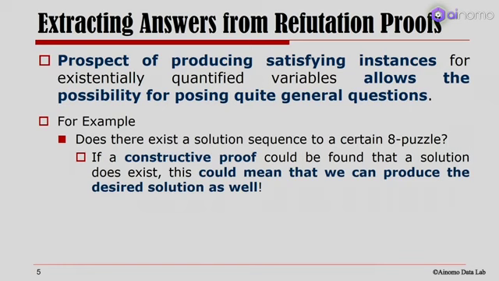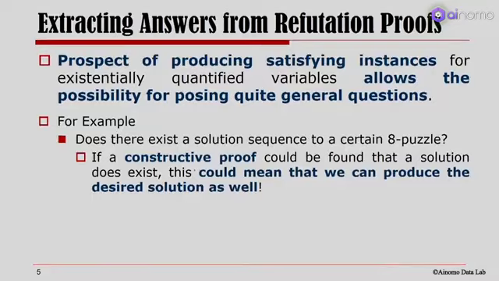Now if I ask that question and I have a demonstrative proof that there exists a solution sequence to a certain 8 puzzle, that would mean that I also have the path to the solution. So if a constructive proof could be found that a solution does exist, this could mean that we can produce the desired solution as well.